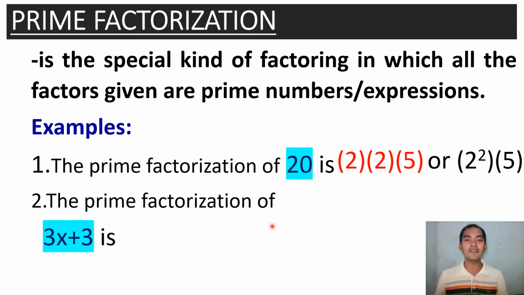Another, the prime factorization of 3x plus 3 is 3 and x plus 1. So 3 and x plus 1 and 2 squared times 5 are prime factorizations of a number 20 and an expression 3x plus 3. Why? Because the only factors are 1 and the number itself. For instance, 3 and 1, x plus 1 and 1.